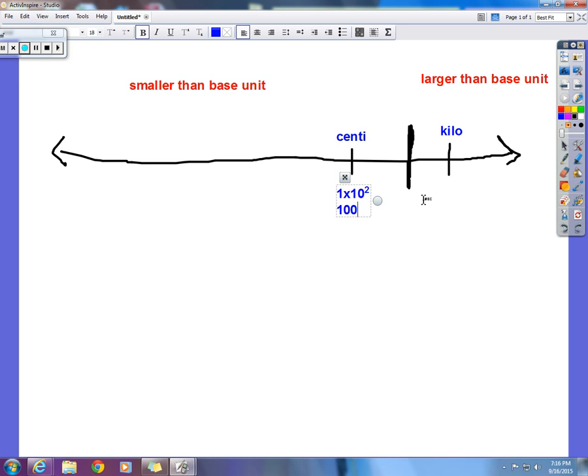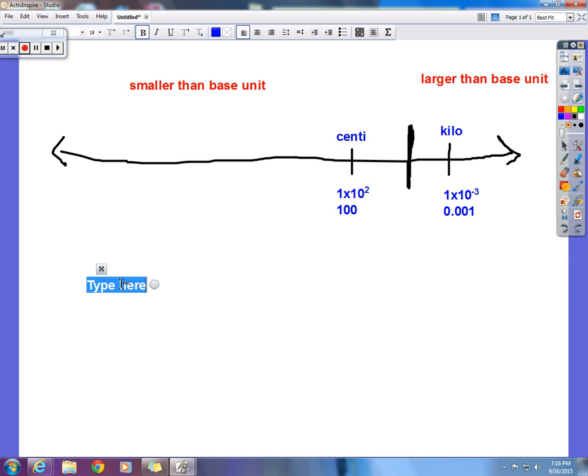Okay, kilo is 1 times 10 to the negative 3, which is the same as saying 0.001. Okay? Now I know that that seems backward. I know that it seems like maybe centi should be negative and kilo should be positive because kilo's bigger, so it should be positive. But here's the deal.